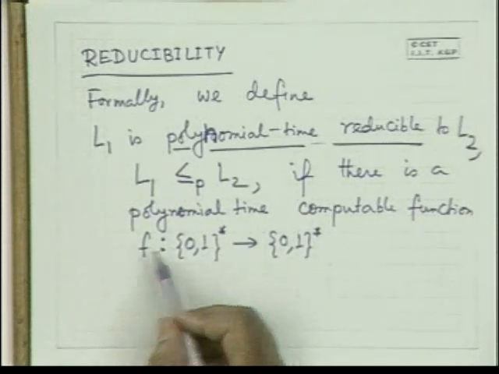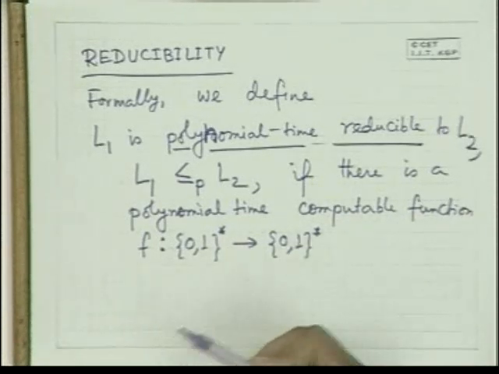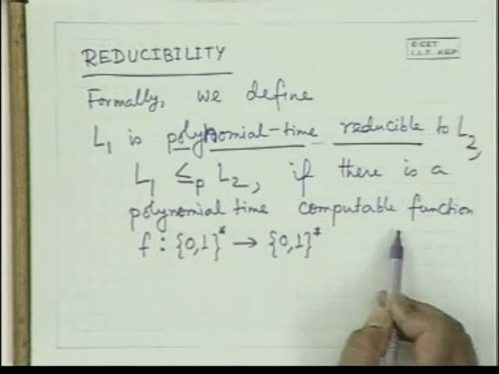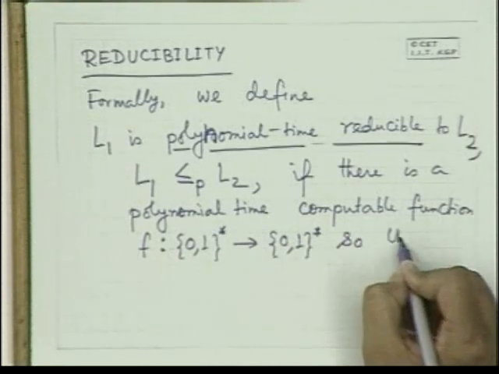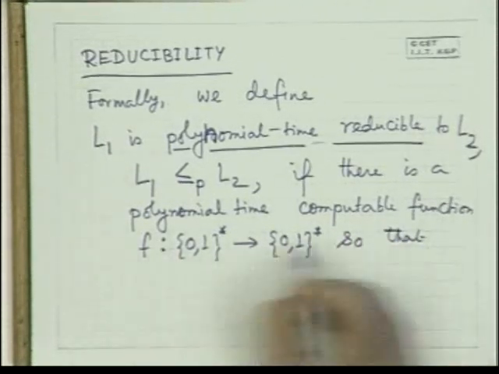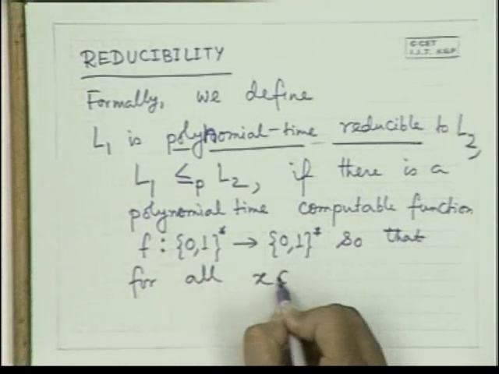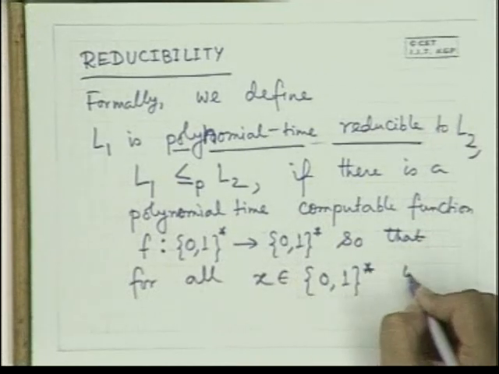And what do we mean by computable function in polynomial time? It means that the transformation can be carried out in polynomial time. Okay. So there is another condition now, so that for all x in 0 1 star, we have the following.